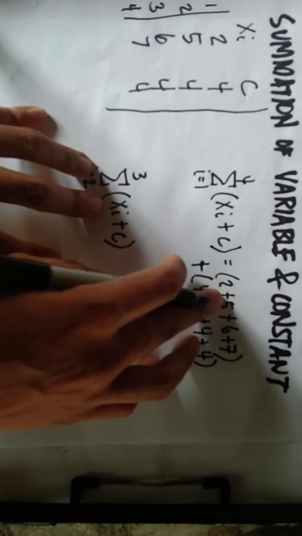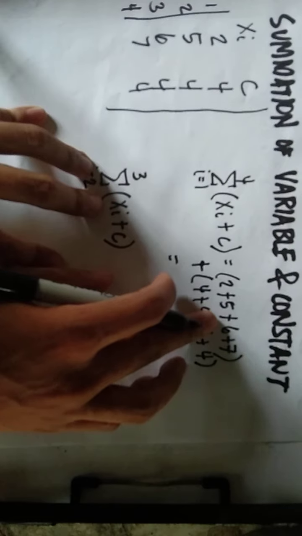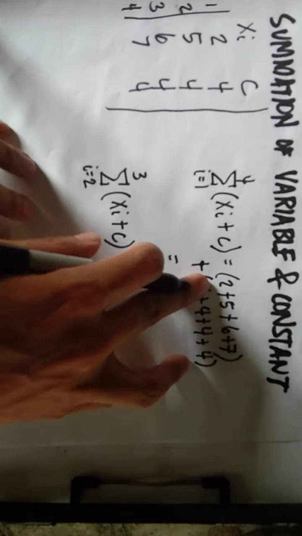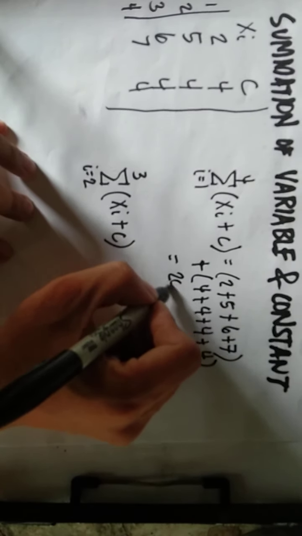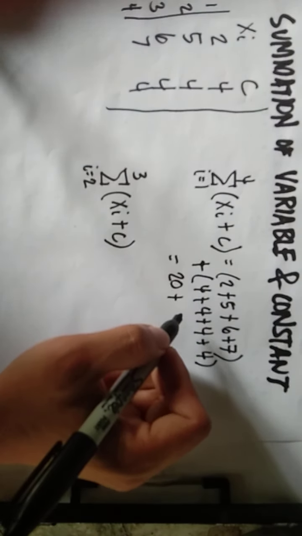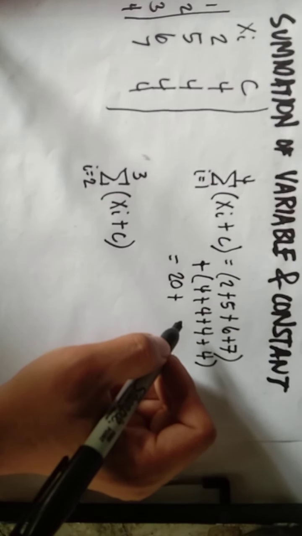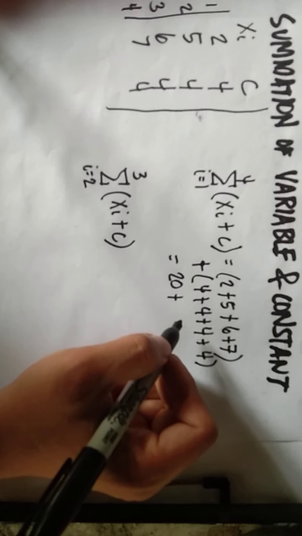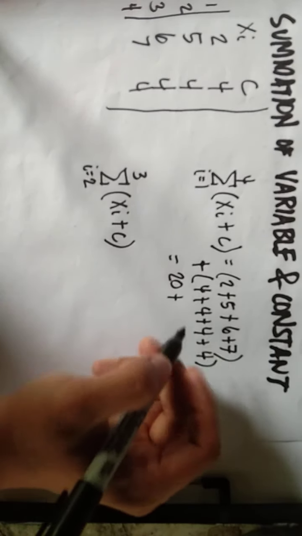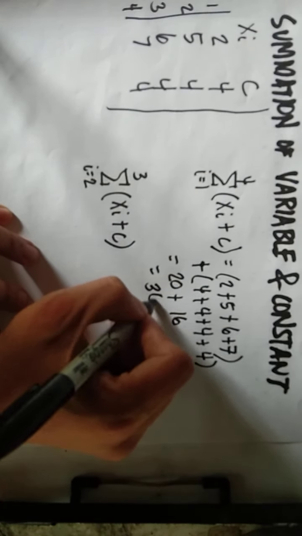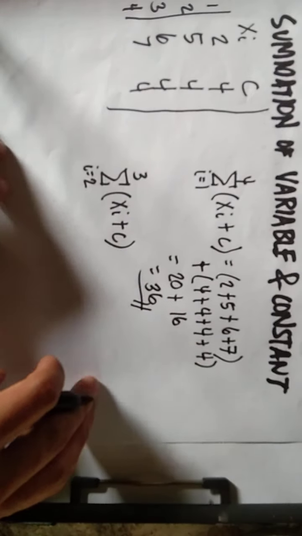So, we will have 2 plus 5 plus 6 plus 7, and that is equal to 20 plus yung ating given naman na constant, which is 4. So, we will have 4 plus 4 plus 4 plus 4, and that is equal to 16. So, 20 plus 16, we have 36 for our first example.